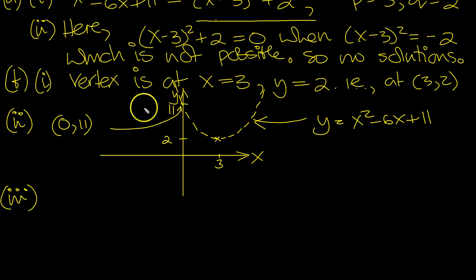Well, that would be a translation because the U-shaped curve here would be the y equals x squared. So let's just put that in here like so. And that would be the curve y equals x squared. So a translation.